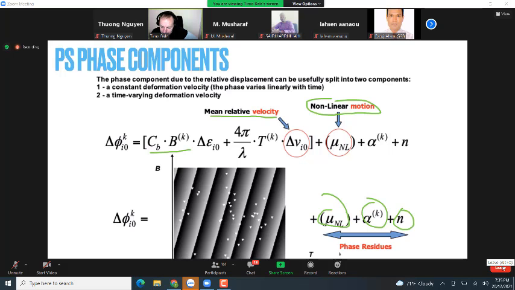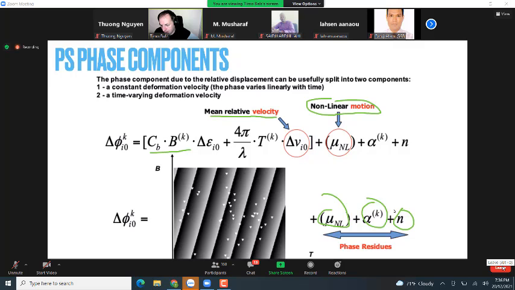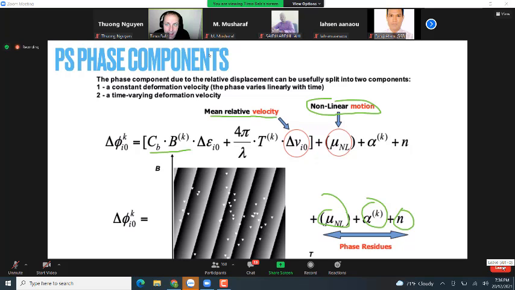So these are the phase residuals. I'll come back to that again to explain what we're going to do with them. Here they're mostly related to elements of the motion that we do not estimate correctly, the atmosphere, and noise.